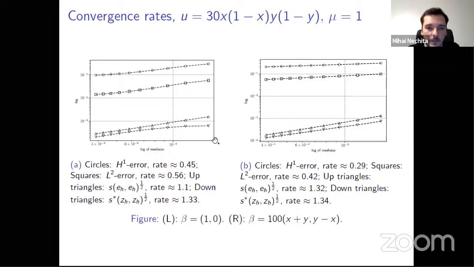On the left we have the plot for a simple convection field, just constant in the x direction, and on the right the results for the convection field that I showed earlier. So we see that the errors are higher, but we still obtain sublinear convergence, even though the rate is slower this time. Here the diffusion coefficient was taken to be 1, and this is clearly a diffusion-dominated setting.